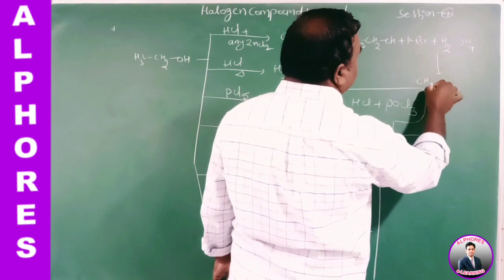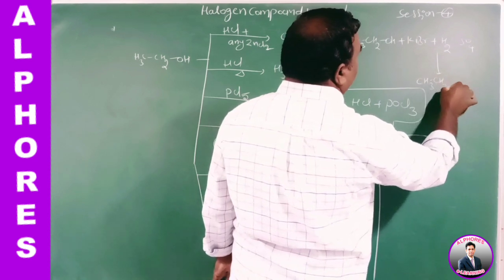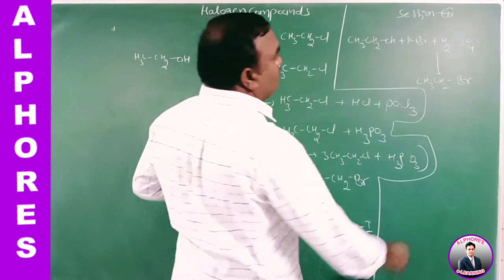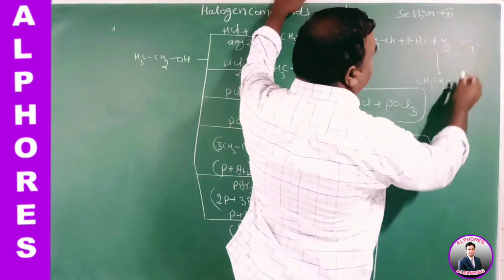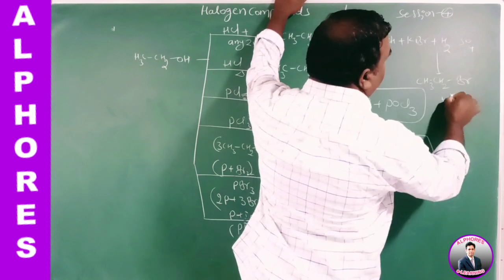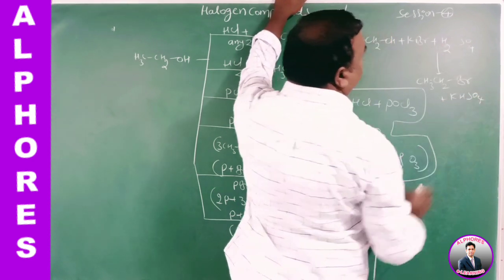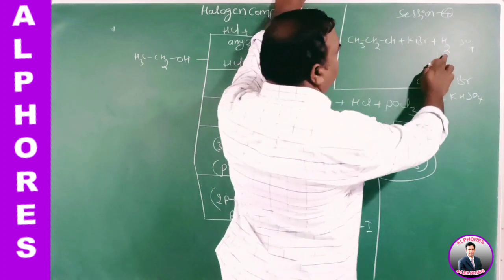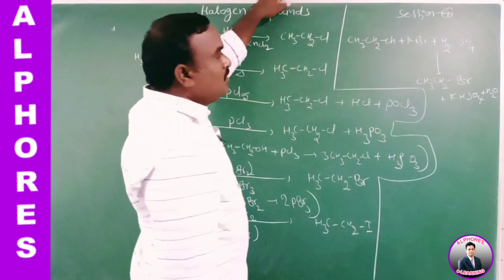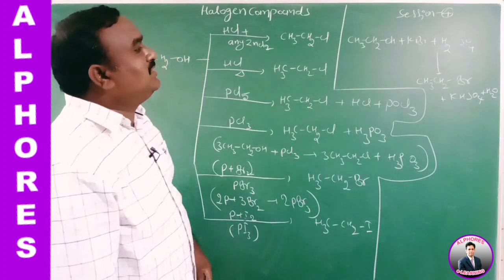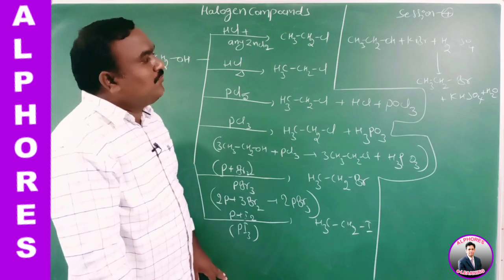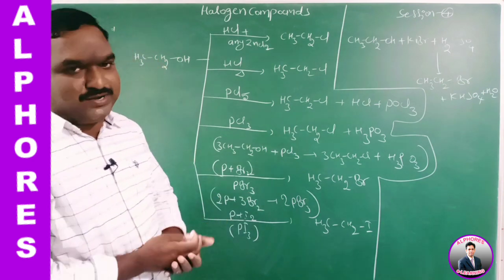The final product is CH3CH2Br plus KHSO4, H plus OH minus gives H2O. By using potassium bromide in the presence of concentrated sulfuric acid, we form the alkyl bromide compound.